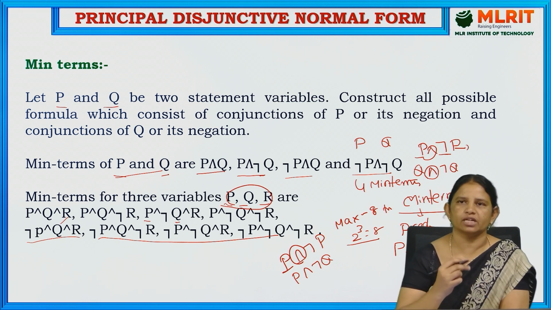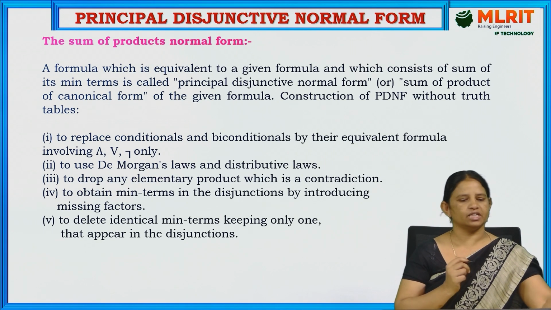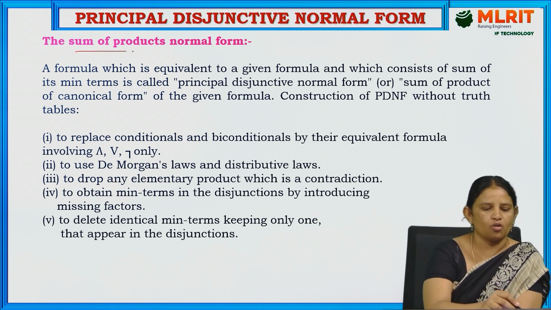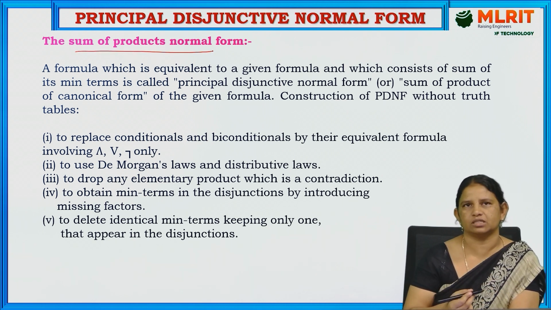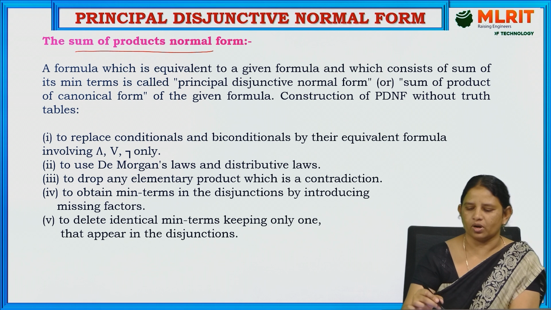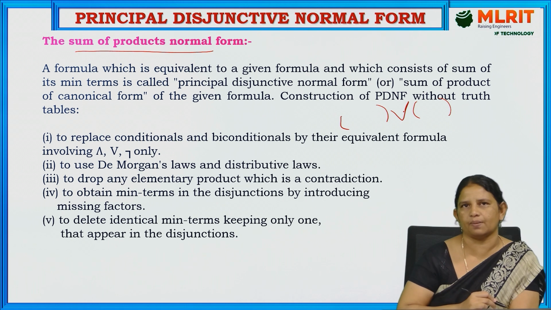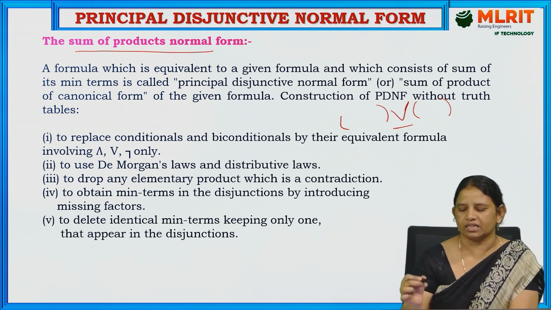Let us look at the definition of principal disjunctive normal form. It is also called the sum of products normal form. In between, the minterms are connected by using the symbol called sum, or disjunction.